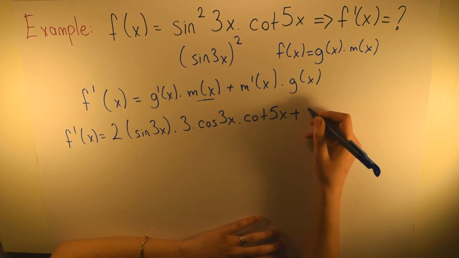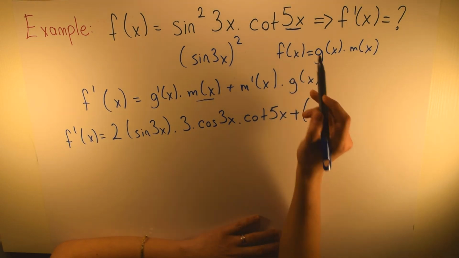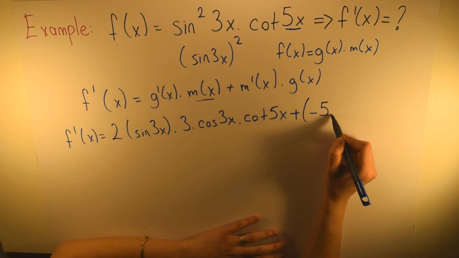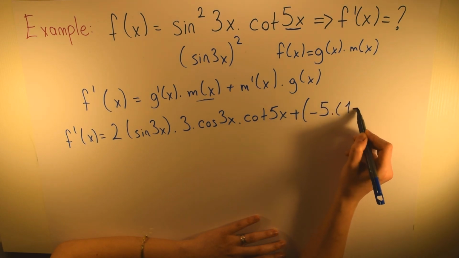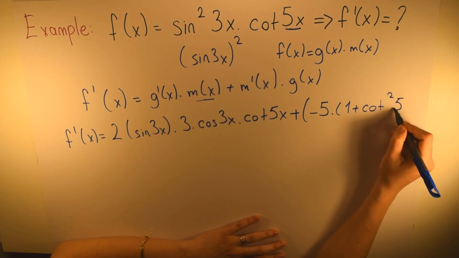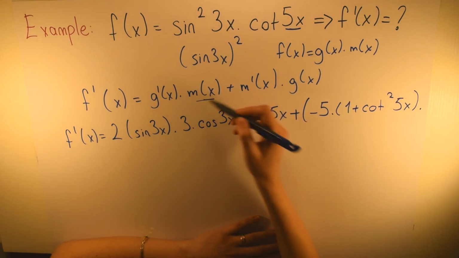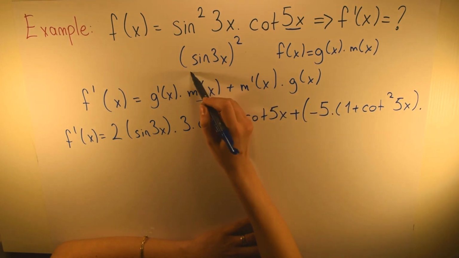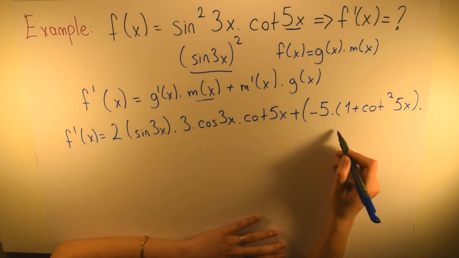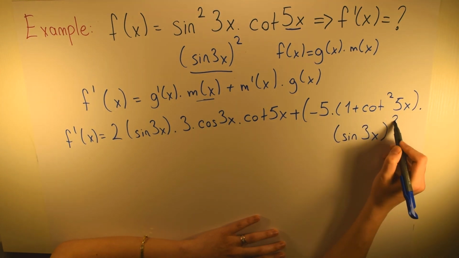So it's minus the derivative of this expression, which is 5, times 1 plus cotangent square 5x, and times the first function, which is sine 3x square.